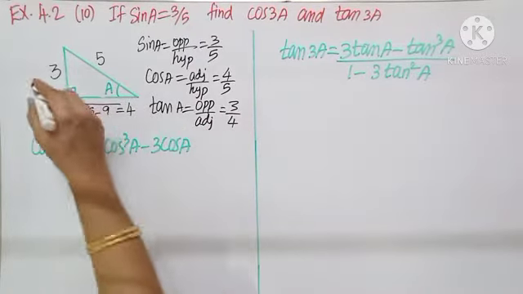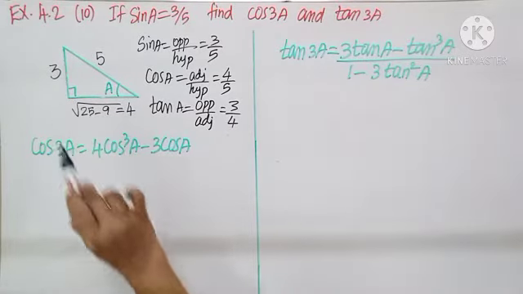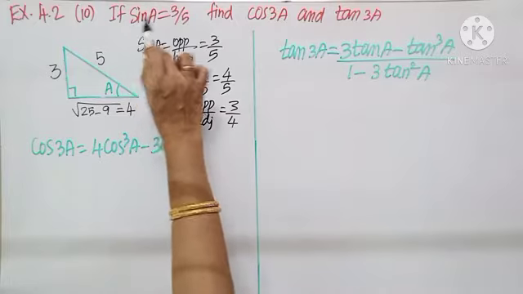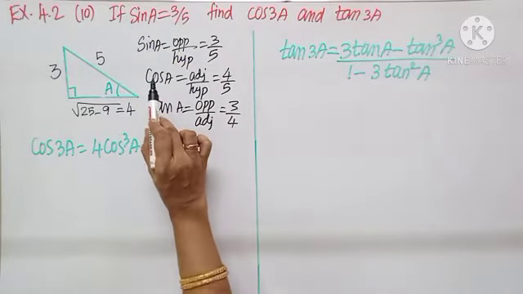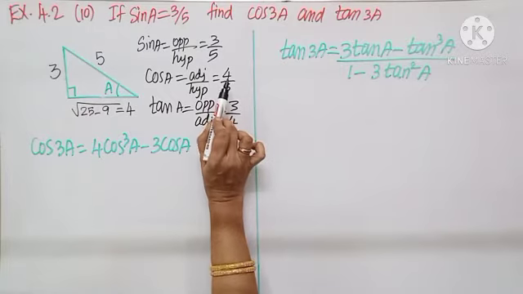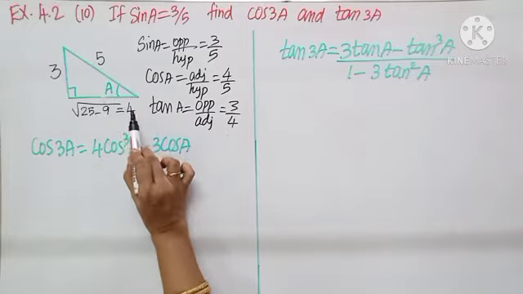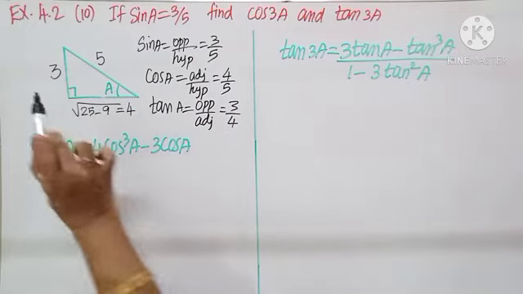3, 4, 5 is a famous right angle triangle. Instead of doing the full triangle, once I know sin A is 3 by 5, you can immediately remember cos A is 4 by 5 also by practice. Once I know 4 and 5 are the two measures, naturally the other side is 3.